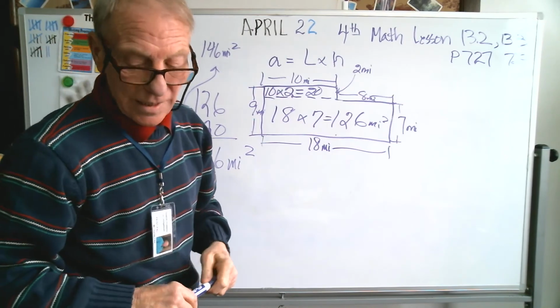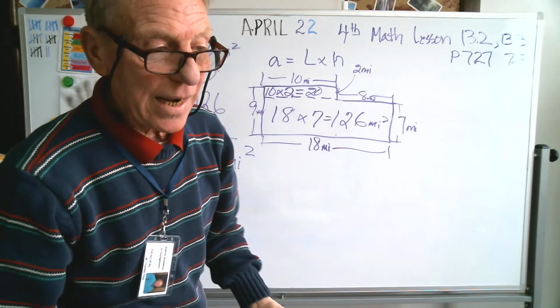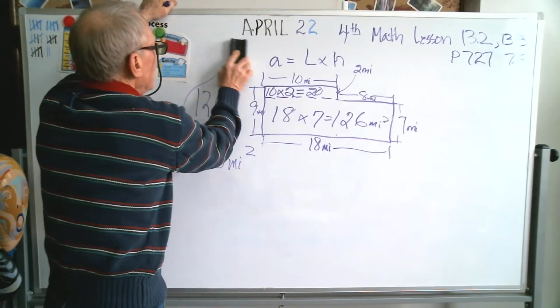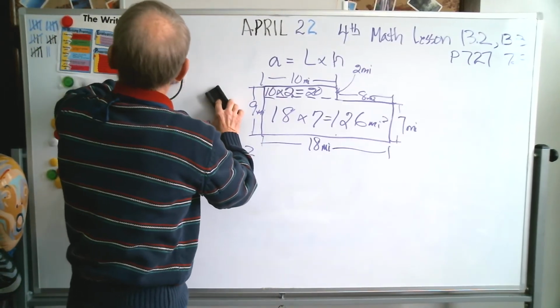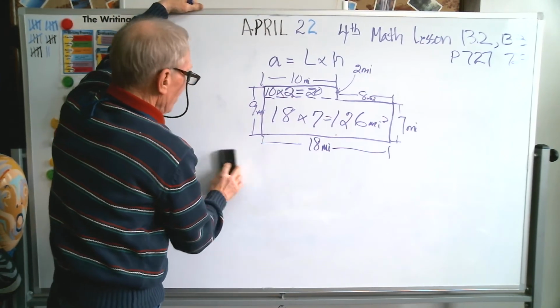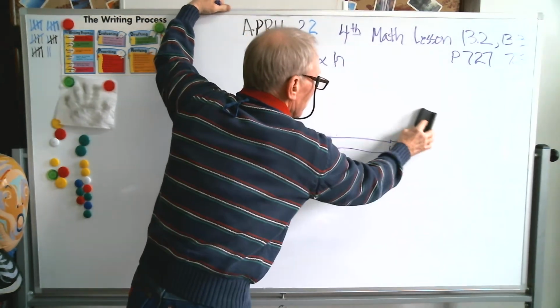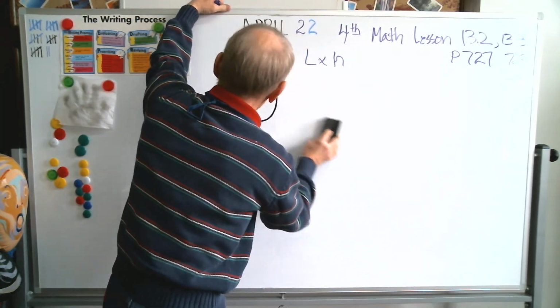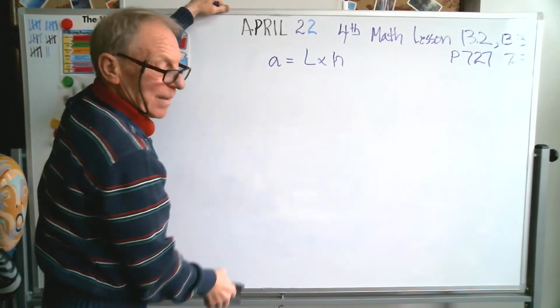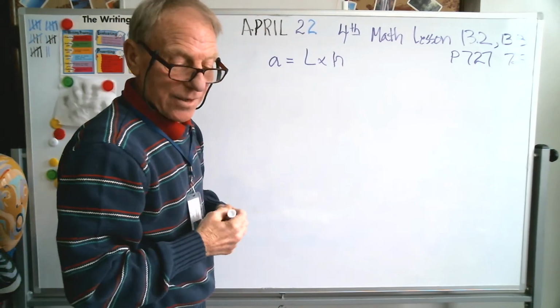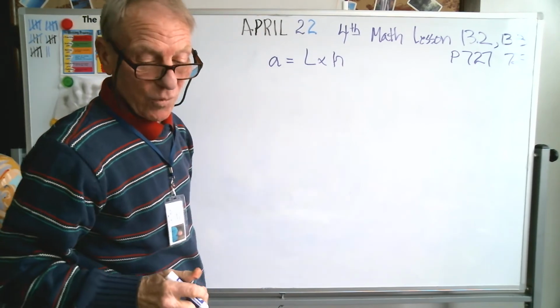So looking at any shape, just break it into squares or rectangles. Then just use your standard formula of length times height. Remember that your dimensions, your answer is in square units.